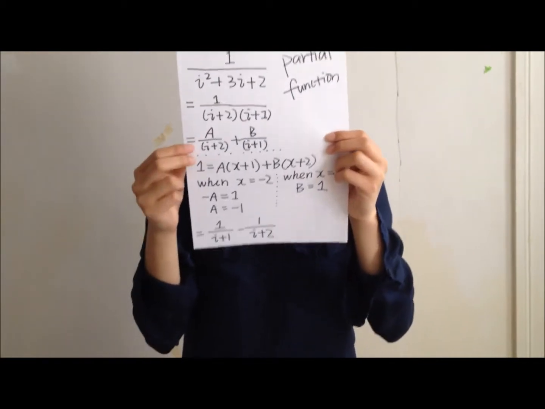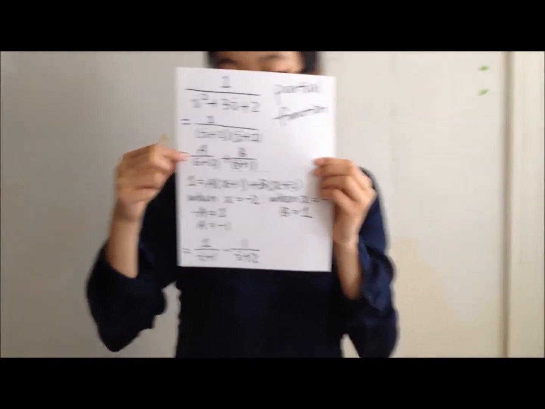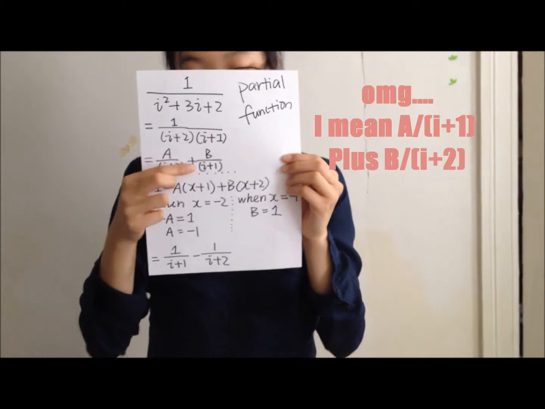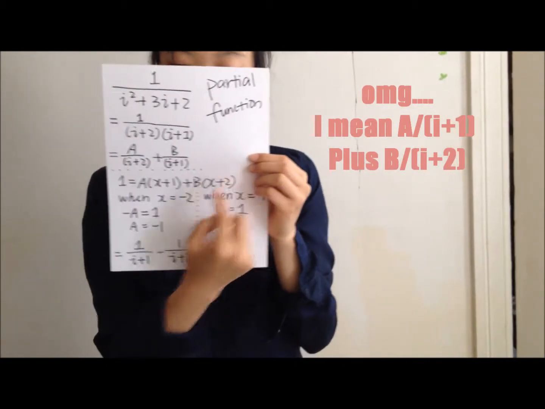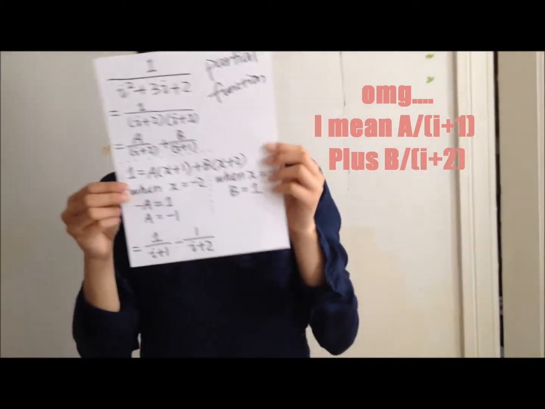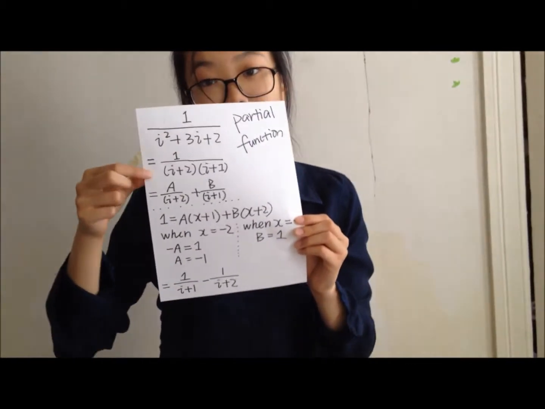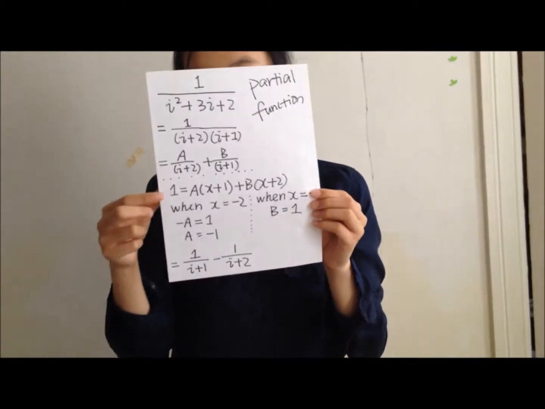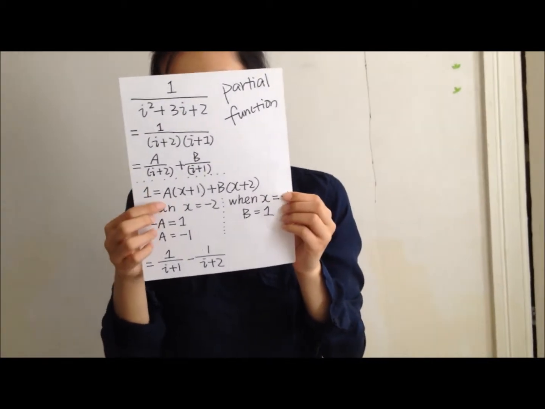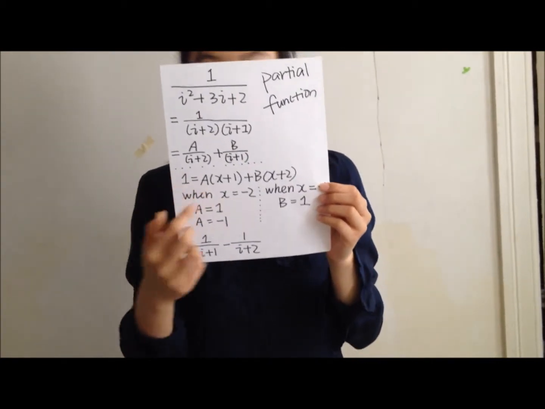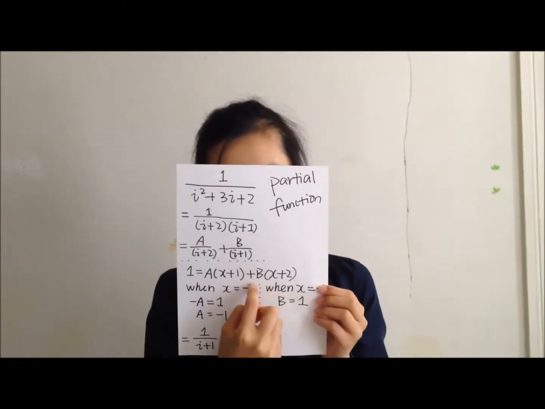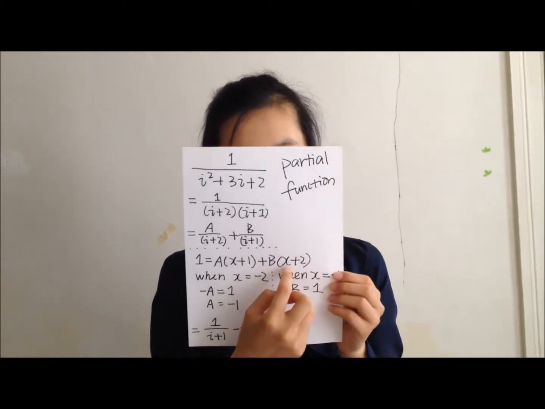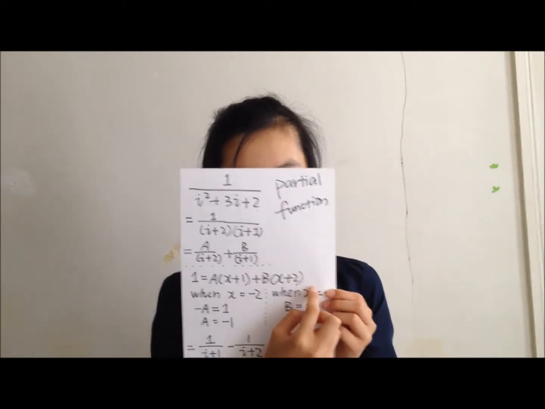Okay, so let's do A over i plus 2 plus B over i plus 1. Now we need to find A and B. So from these two functions, we can easily see 1 will equal to A multiplied by i plus 1, plus B multiplied by i plus 2.